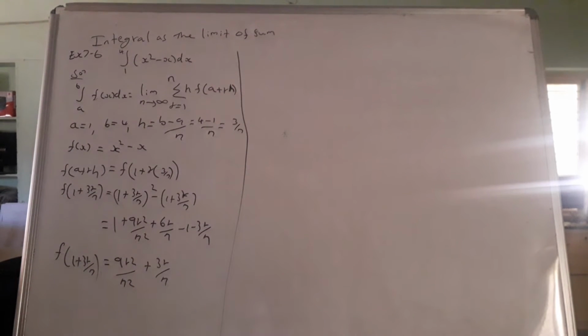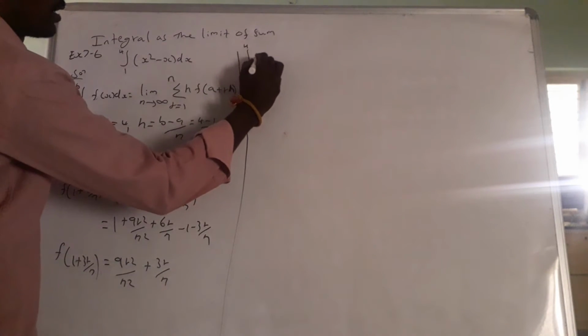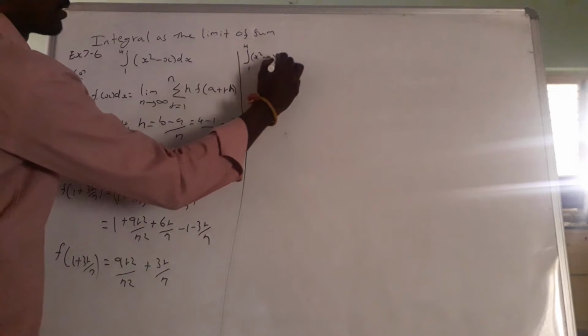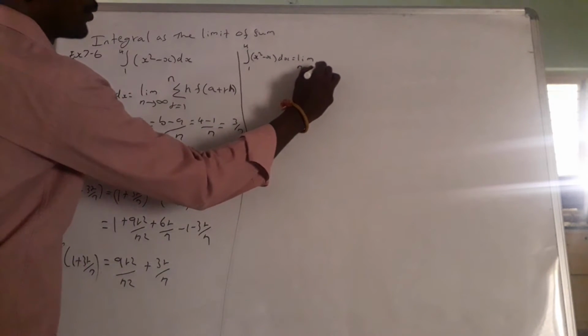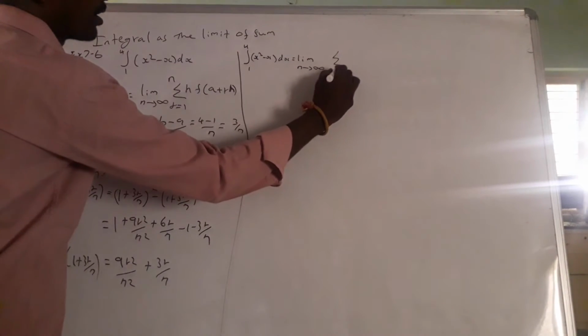Now come to our question. They gave the integral of 1 to 4, x square minus x dx, equal to limit n tends to infinity, summation over r equal to 1 to n. Here h is there.